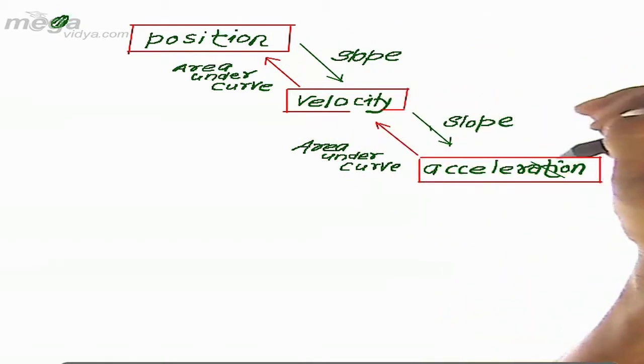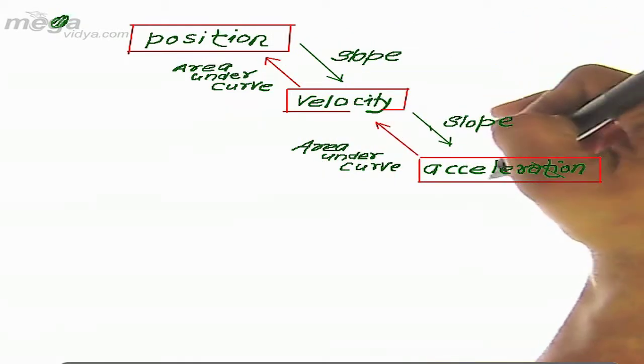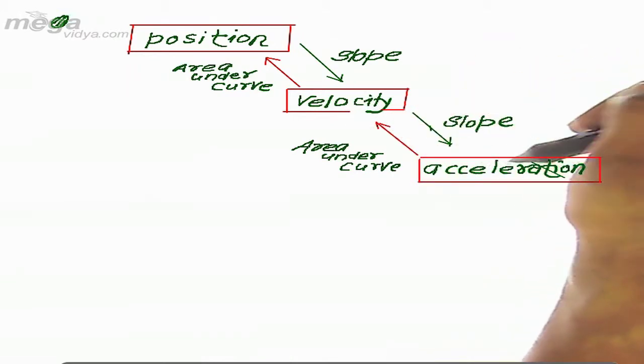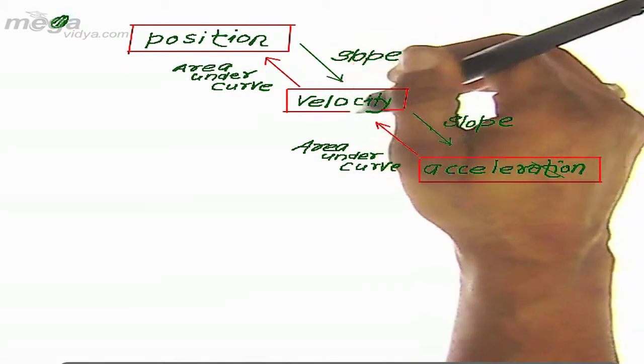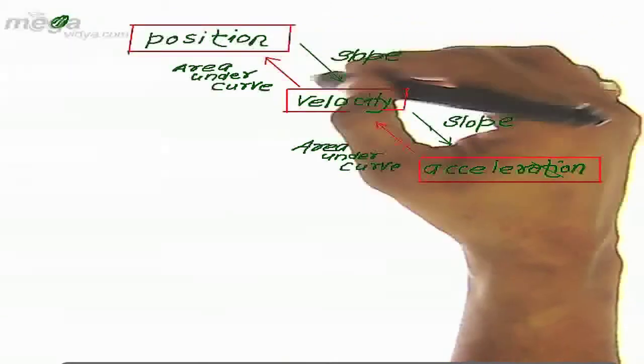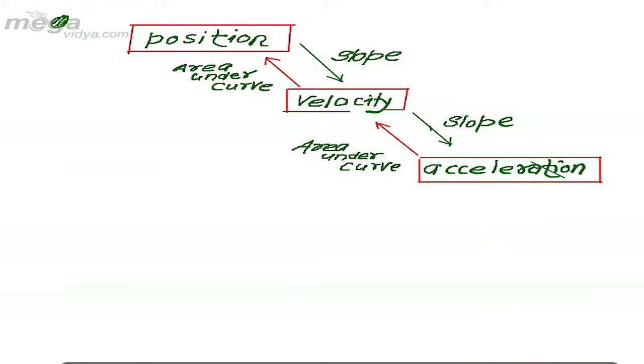The area under the acceleration time curve gives us change in velocity, and the area under the velocity time curve gives change in position, or you can say displacement.